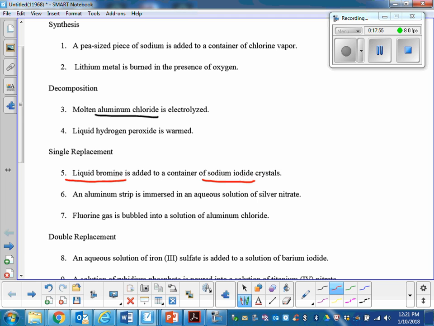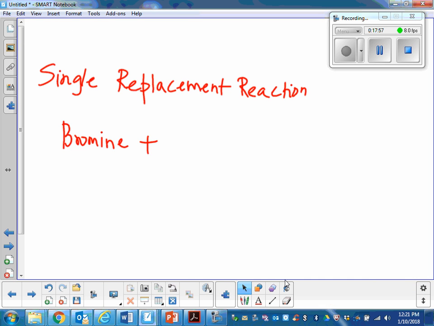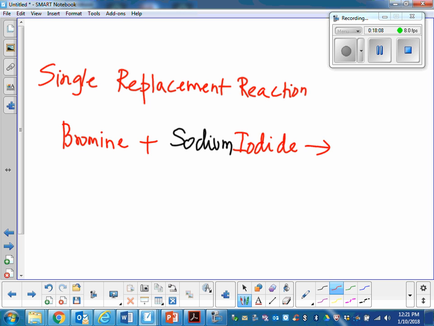So the way I'm going to write it out is, Tyler just told me sodium is a metal and iodine is a non-metal. Do you see how I have color coded a single replacement reaction? What did I do with my non-metals? I made them red. What did I do with my metal? I made it black. Now remember, in a single replacement reaction, a non-metal can only replace a non-metal.